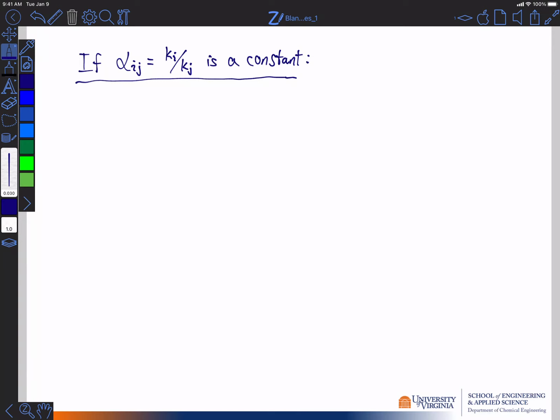And so in these situations, we can go through and do our bubble point and dew point calculations by assuming that the alpha ij values are constant. And so, for example, if we're going to go through and do this, now we don't have to do the explicit temperature calculation, because the alpha value is taken to be independent of that.